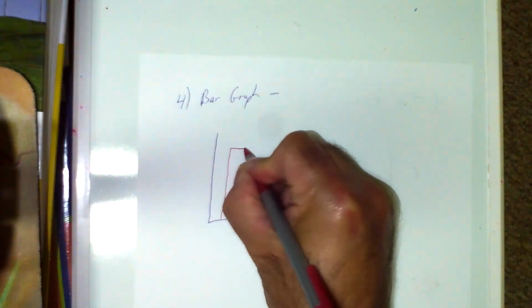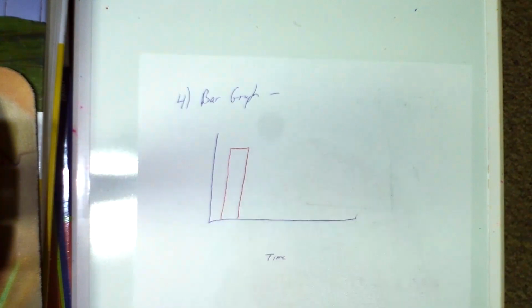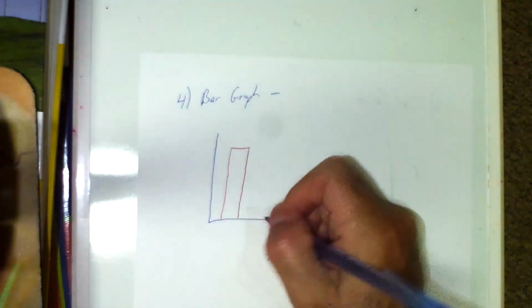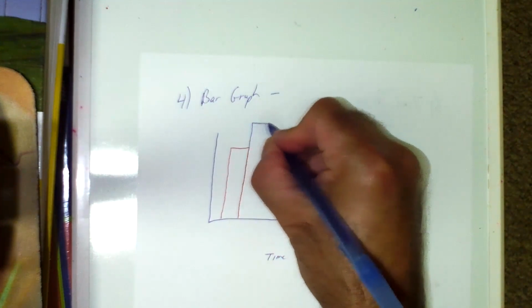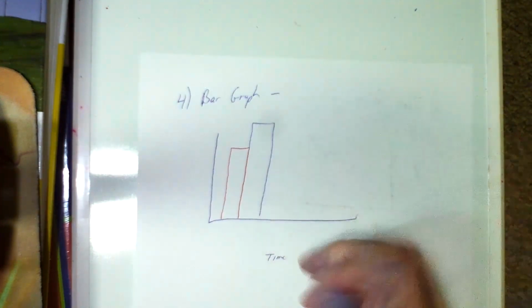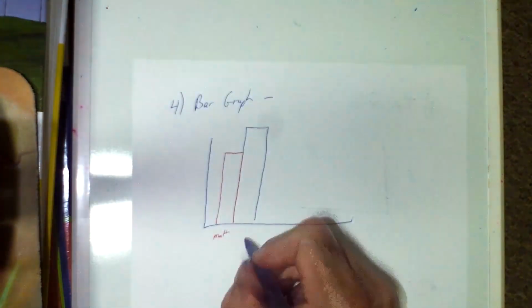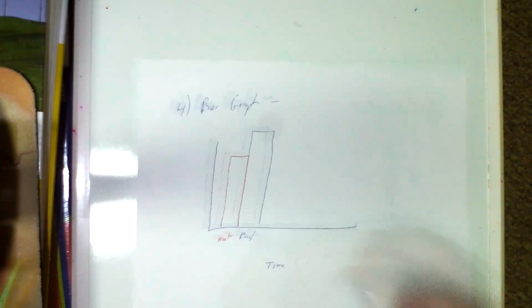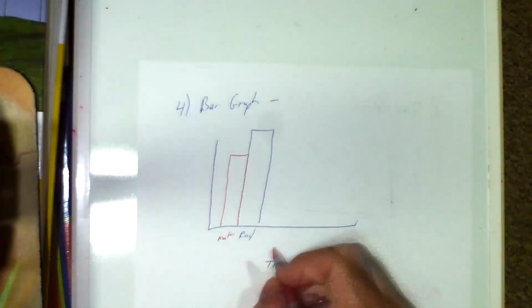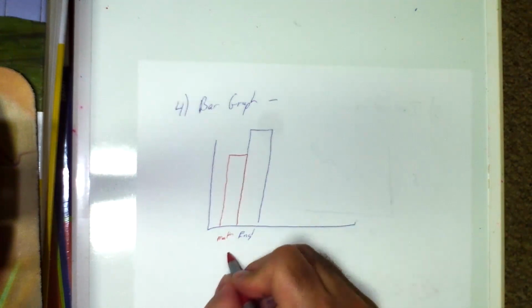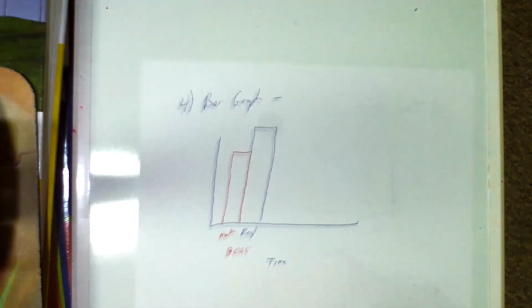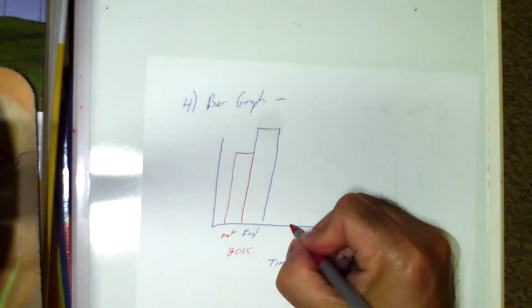You'll have your time, and then you'll have, I don't know, we can do math is red, English. And you have the years listed here. I don't know, we'll do 2005. And then there'll be a gap. And then there will be the other graph.